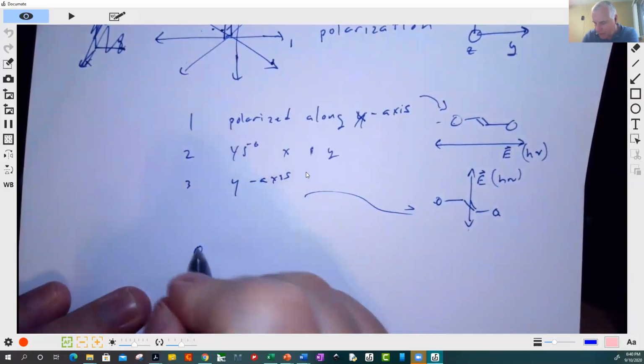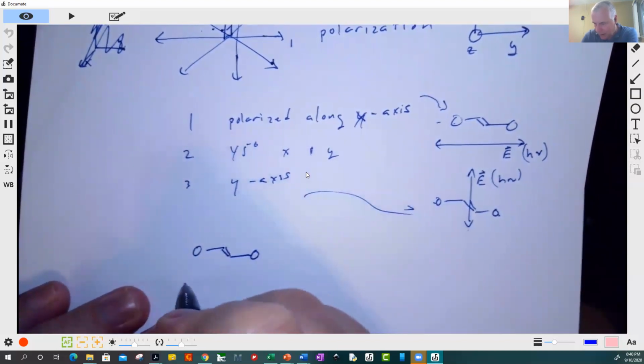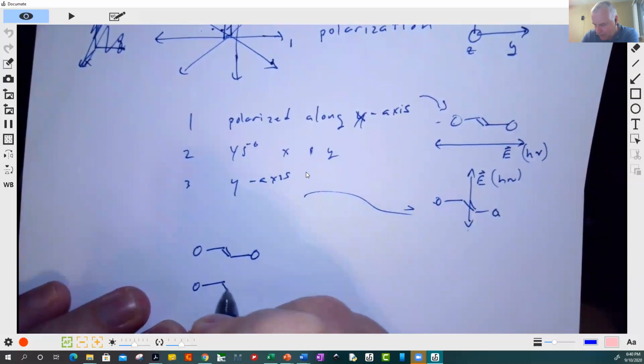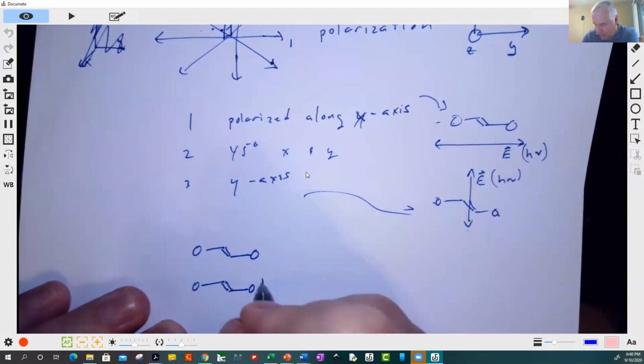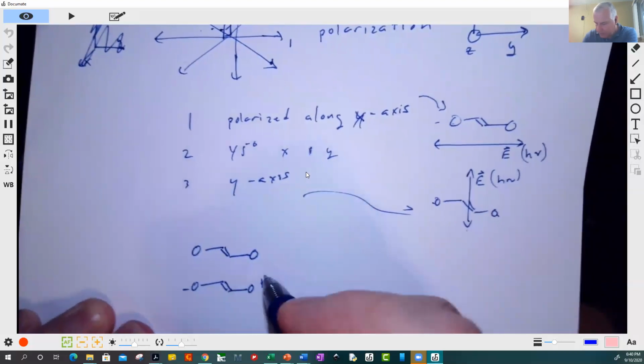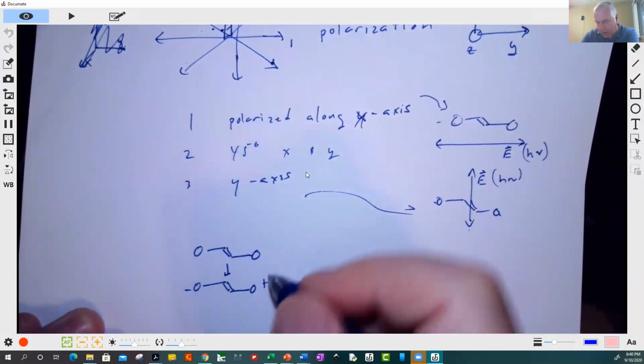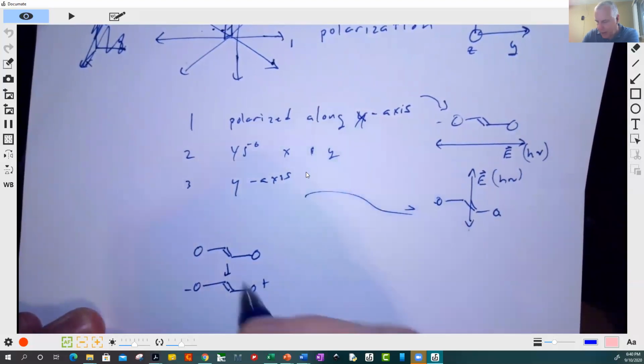So the ground state is like this. The excited state is like that, right? Now, the way to get from this to this is by absorption of a photon. The photon has to do work on the electrons in this molecule.